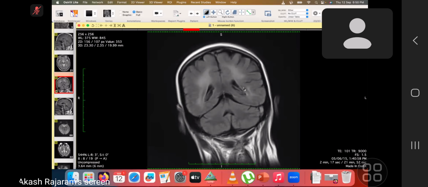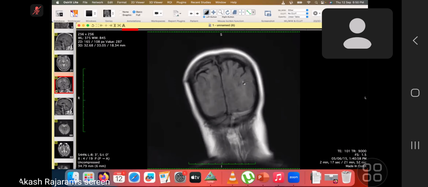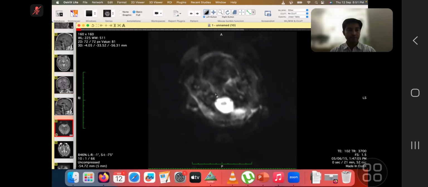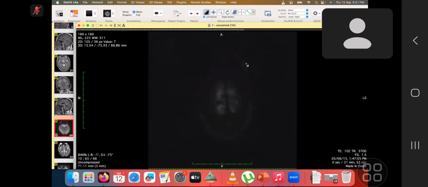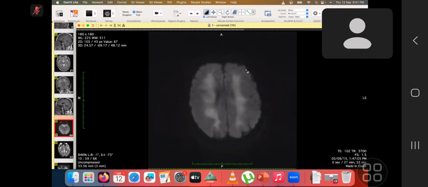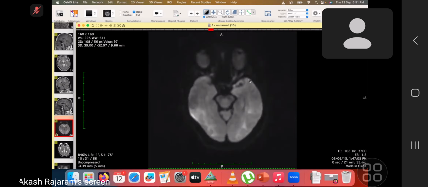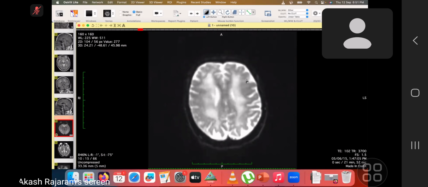So I'd also want to check the diffusion images, so DWI and ADC if available. Yeah, sure. So this is the DWI. Thank you. So there's high signal on the DWI. I'd want to check that this is a low signal on the ADC.